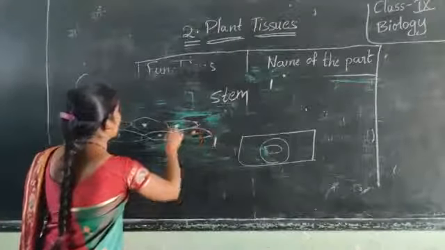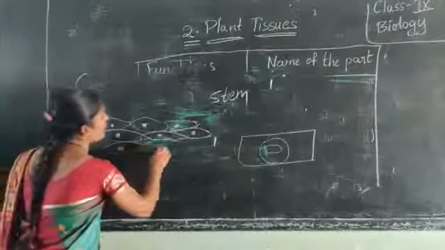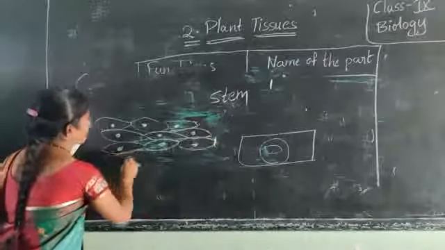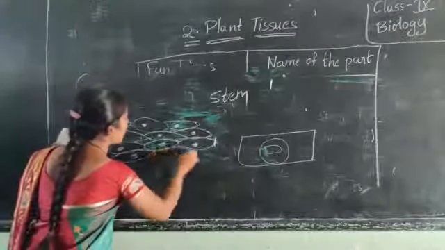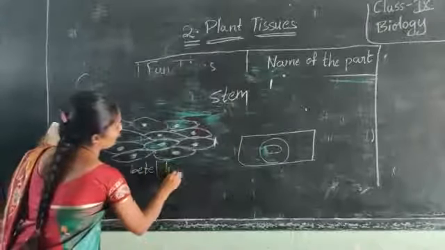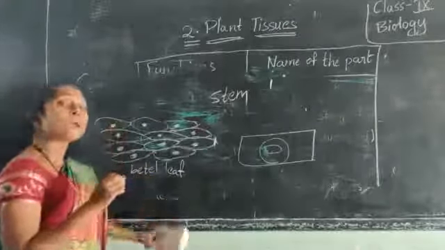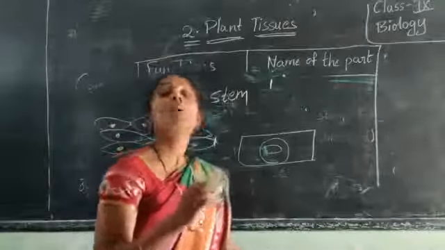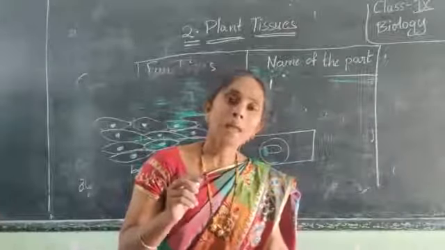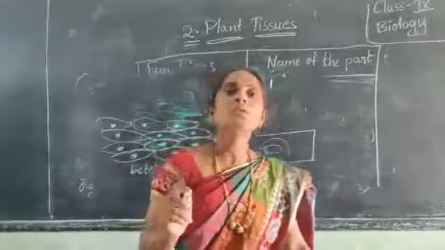This is the structure of betel leaf. Under the microscope you see granular-like structures, which we call chloroplast. Due to the presence of this chloroplast, they have the ability to participate in the photosynthesis process.